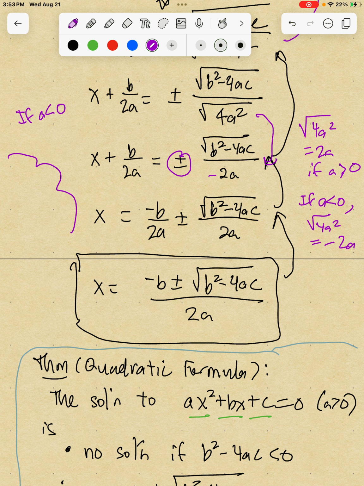Let's say you had plus or minus 6 over negative 5. This is the same as 6 over negative 5, comma, negative 6 over negative 5, and that's the same as negative 6/5, comma 6/5. This is the same as plus or minus 6 over 5.